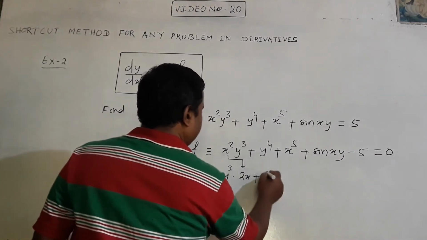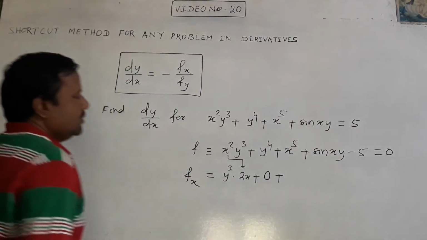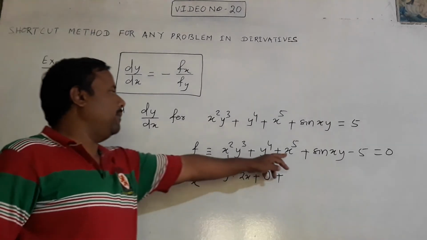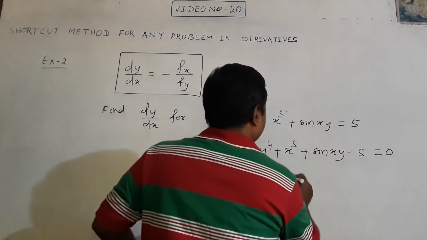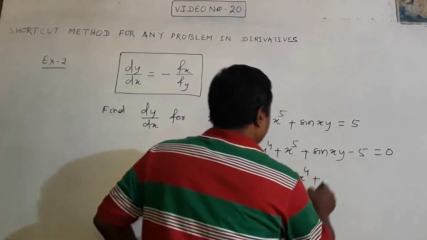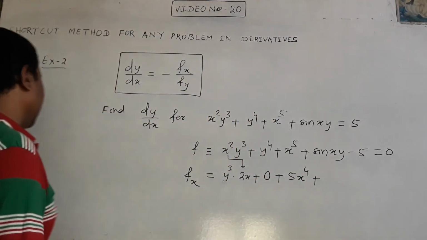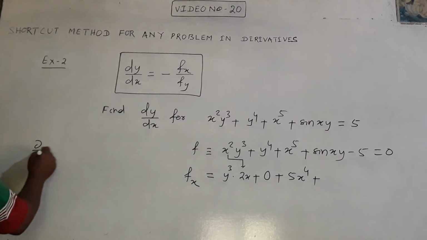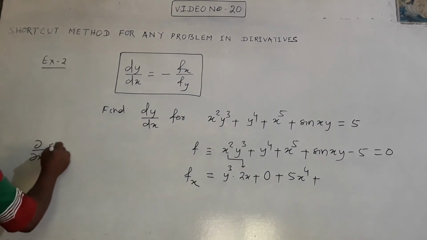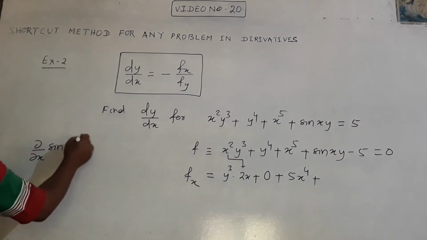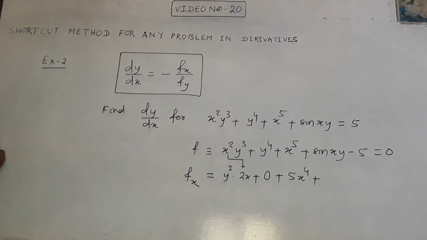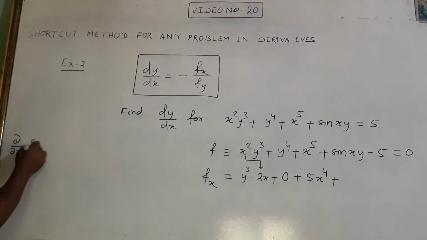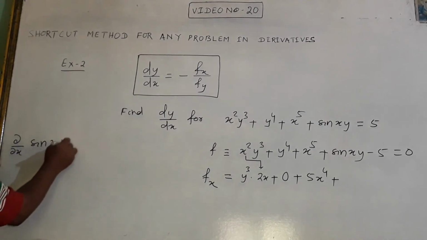Differentiation of y fourth is 0. And differentiation of x fifth is 5x fourth, plus here the very important thing is del by del x of sine xy.